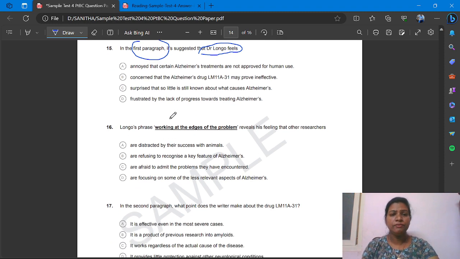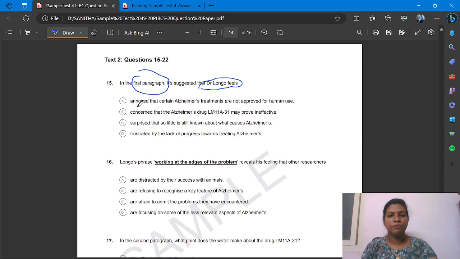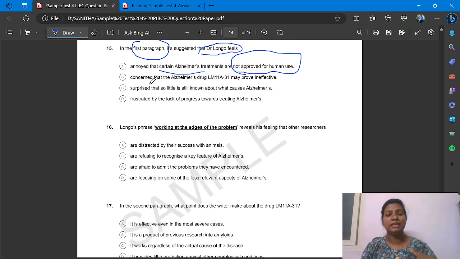First option: annoyed, that he's annoyed that certain Alzheimer's treatments are not approved for human use. Underline the keyword. Second option: concerned, that he is very concerned that the Alzheimer's drug LM11A31, a drug, may prove ineffective. These words are very, very important: ineffective.